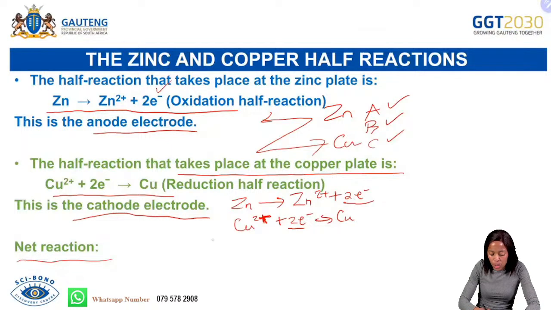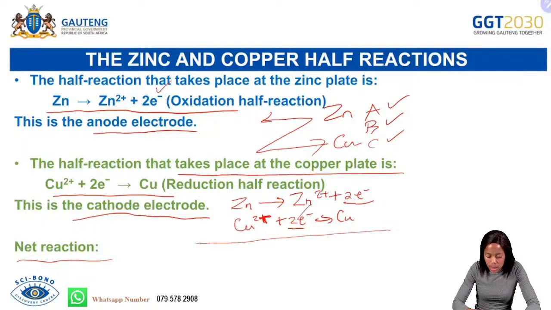If your electrons are balanced, then the electrons can simply be cancelled out. Once you cancel out the electrons, you just write whatever you have on the left-hand side and whatever you have on the right-hand side.